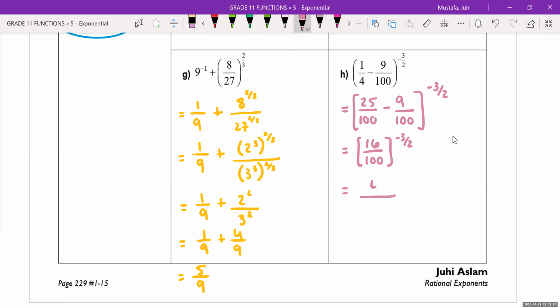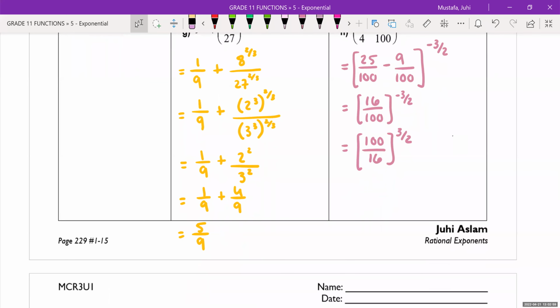So this is going to be 4 squared. This is going to be 10 squared. And then I'm also going to distribute the negative. Oh, actually, no. Sorry. Before I do that, I want to get rid of the negative sign. So remember, when there's a fraction, to get rid of the negative sign, you just flip the numbers around. So maybe I'll do that first. I will go 100 over 16, all to the power of 3 over 2. Now I don't have to deal with the negative anymore.